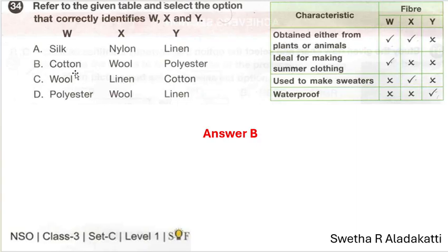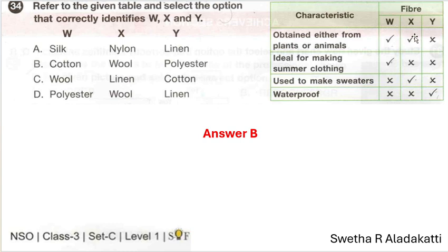Cotton is obtained from the cotton plant. Wool is obtained from an animal, which is sheep. Polyester is lab made, man made. It is not from an animal or a plant. So out of these options, the one ideal for making summer clothing is cotton.